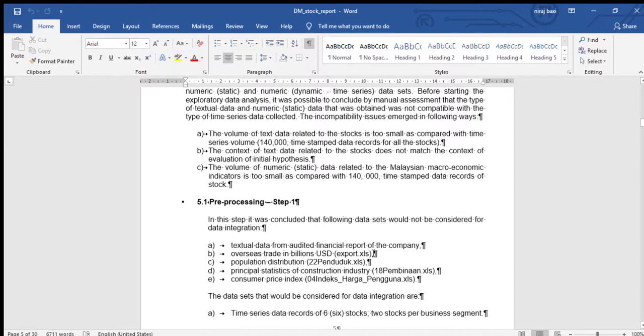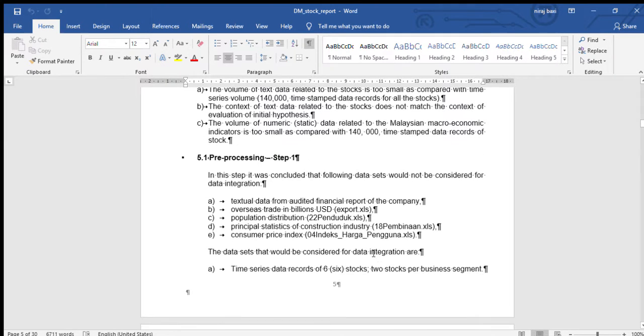So once we have recovered 140,000 timestamps of data records of the stocks and the gold price and the currency price, all the data that was crawled from the website, if you remember, I had also mentioned in my previous video that we had collected some static data files from the Malaysian Department of Statistics regarding overseas trade in billions, population distribution, construction industry statistics, and consumer price index.